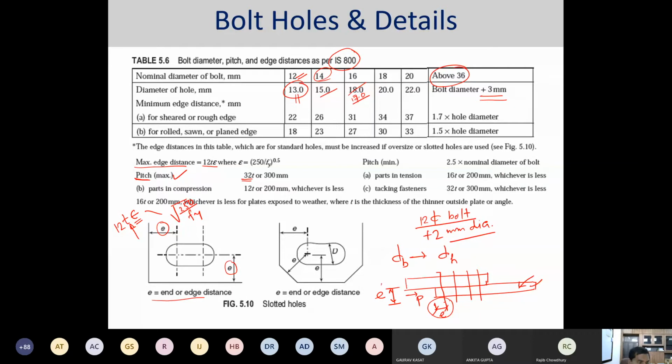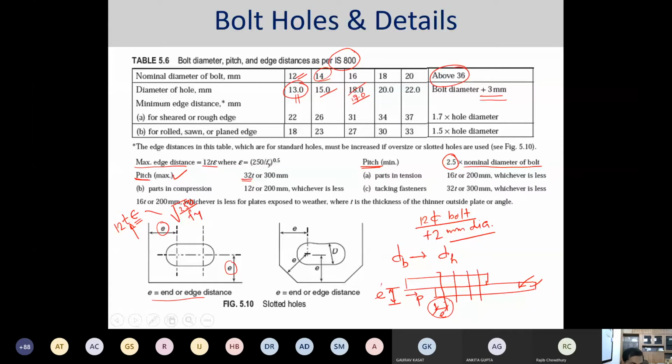We can consider the thickness of the thinner plate. This is the maximum pitch. The minimum pitch would be 2.5 times the nominal diameter of the bolt. We cannot place them arbitrarily.